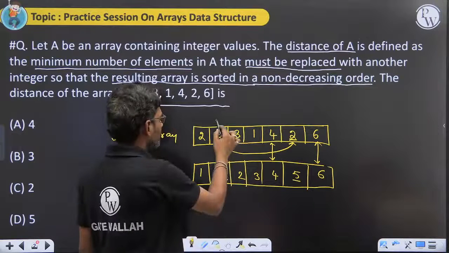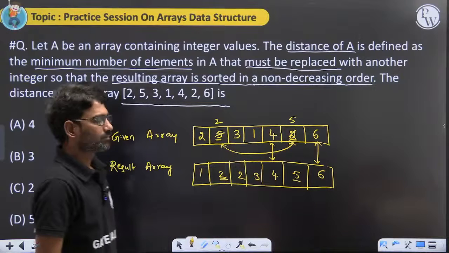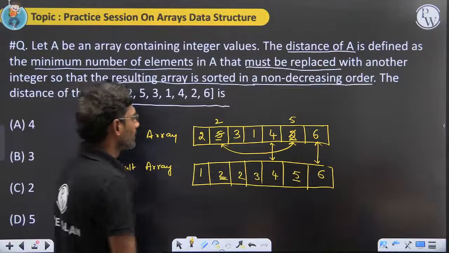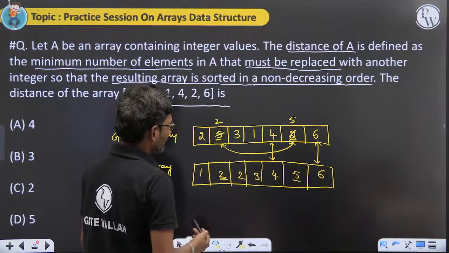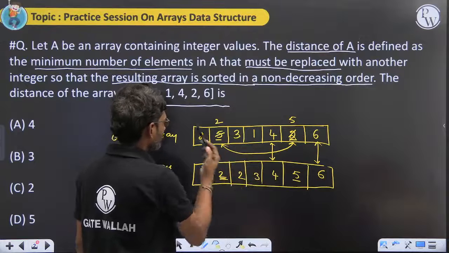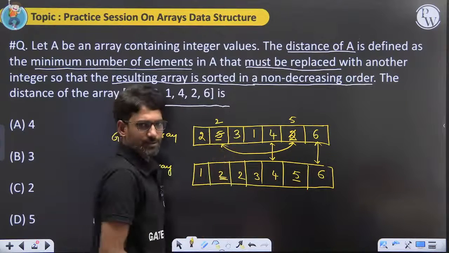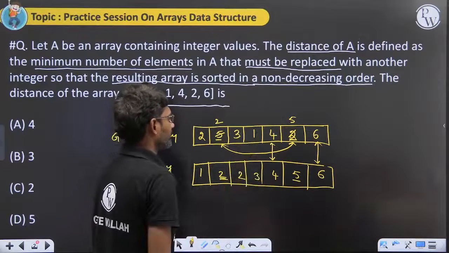So here 2 will be coming, here 5 will be coming. Now what we require is 1 should come to 2's place, and 3 should go to this place.